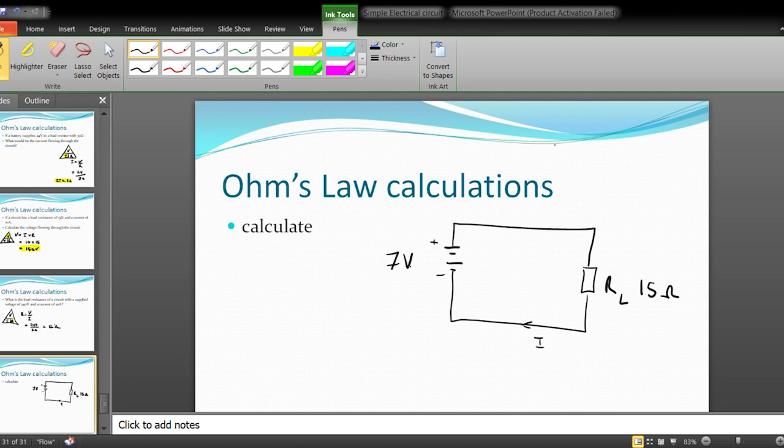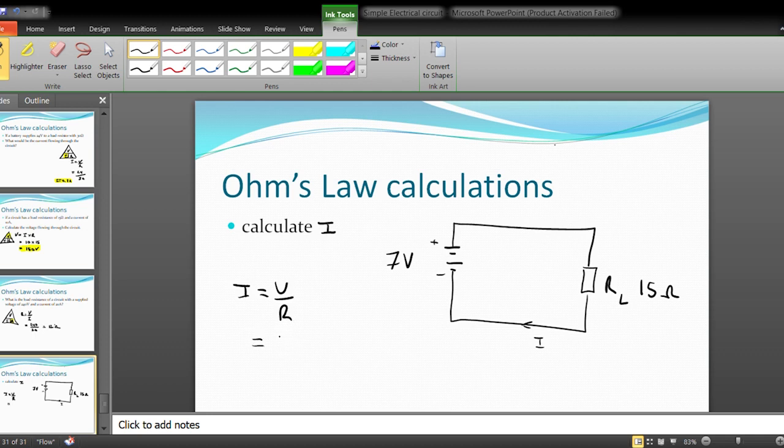We have 7 volts for the battery and we have a load resistance of 15 ohms. So the missing value is I. So we're going to find I. I, which is the current, is equal to voltage divided by resistance.